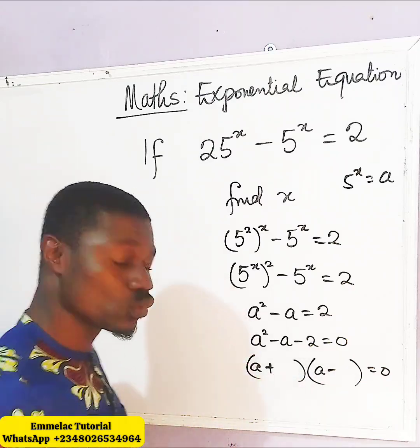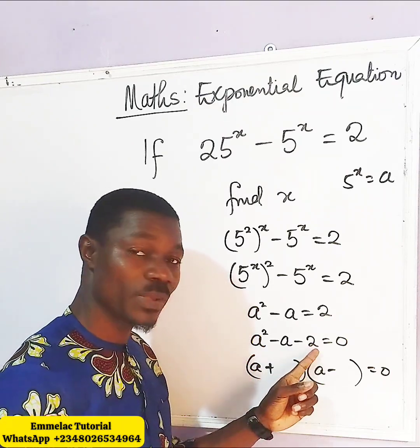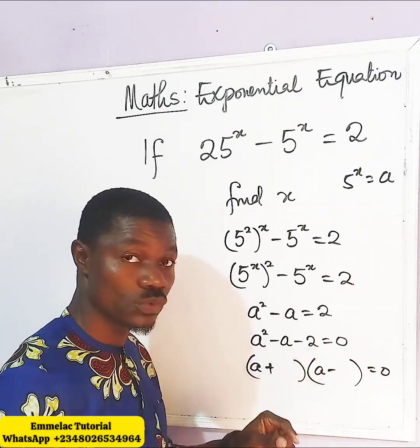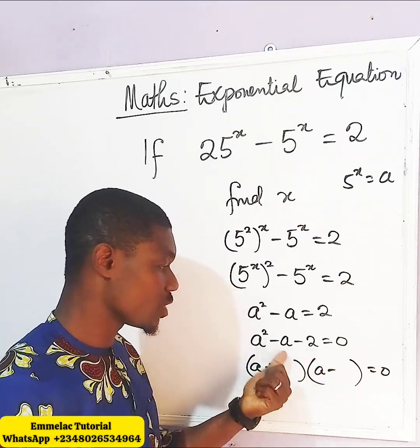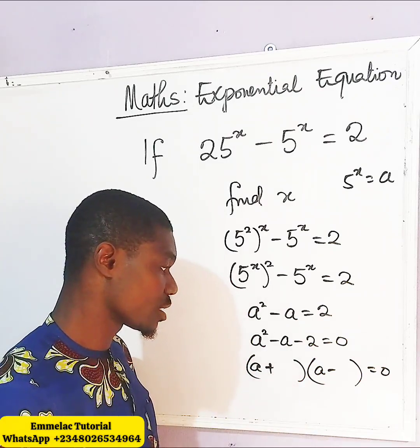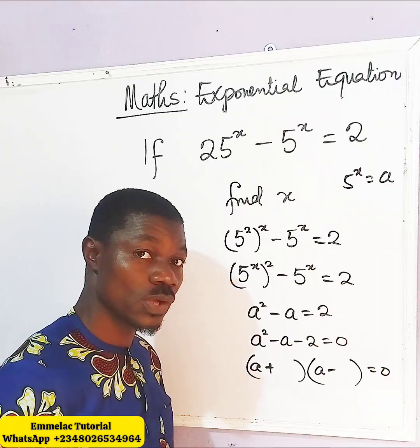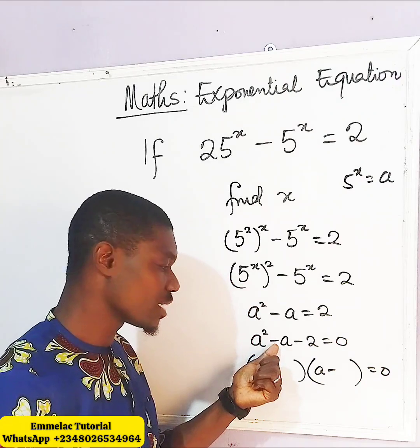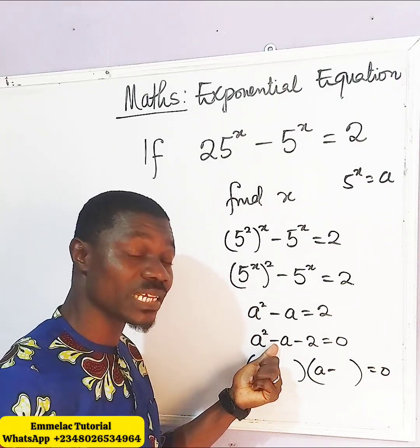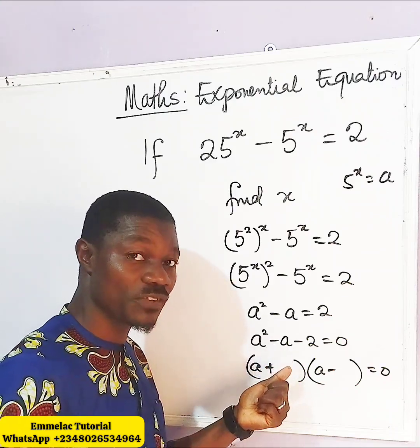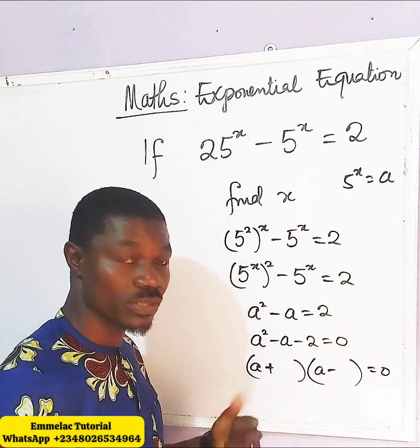Now, what are those 2 factors that when you multiply will give us 2, and when you add will give us 1? So that should be 2 and 1. But because the linear term here is negative, it implies that the bigger of the 2 factors will be negative.